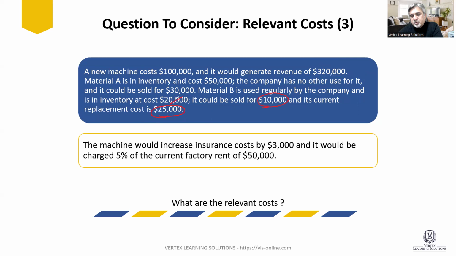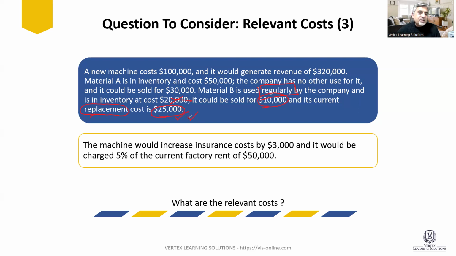This 20 is past cost. It is gone. Now, if I take this material today, I can sell it for 10K. But will I sell it? I need it regularly; the question says it is used regularly. So if you take it out from the inventory, you have to replace it, and the replacement is 25.